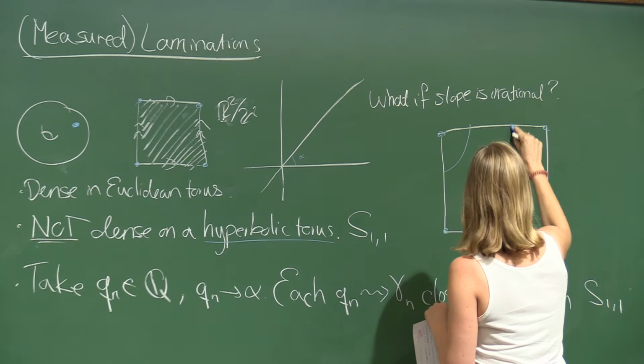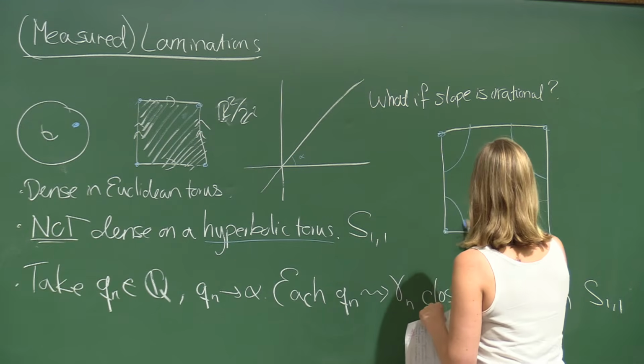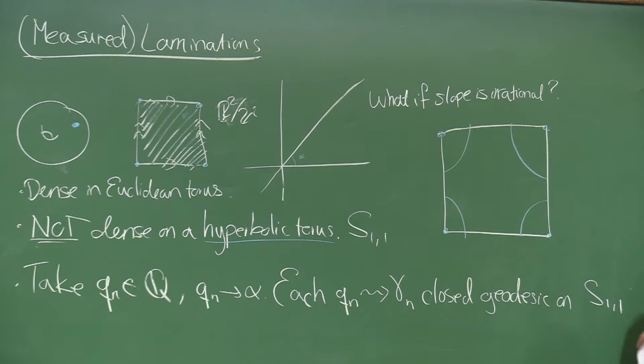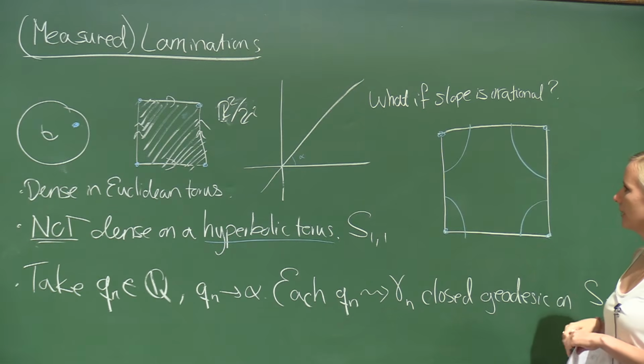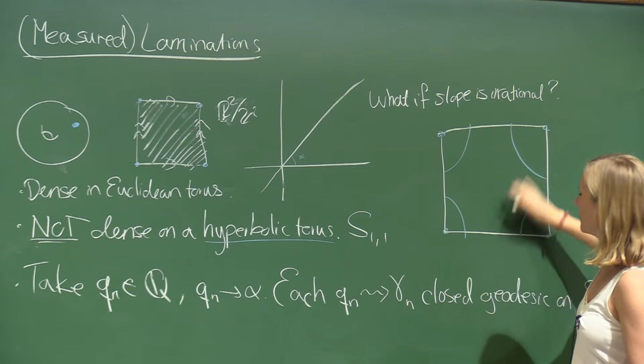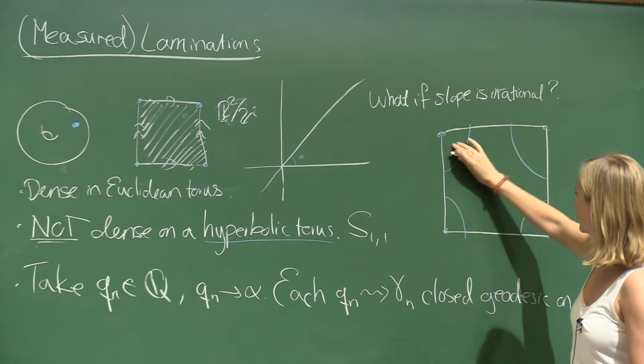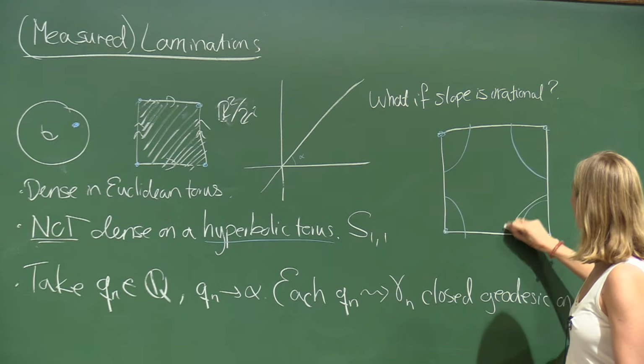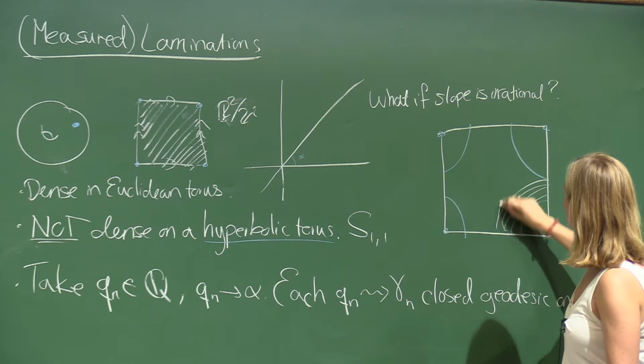What's inside here is this compact set where it has to belong. So instead of being dense, it avoids these regions, and it looks maybe something like this.